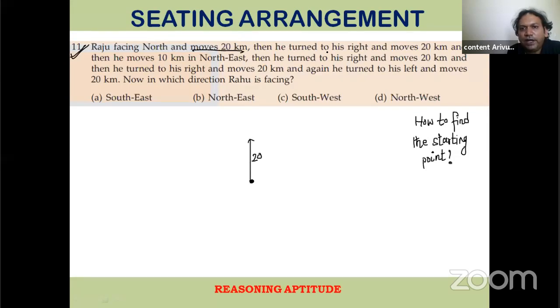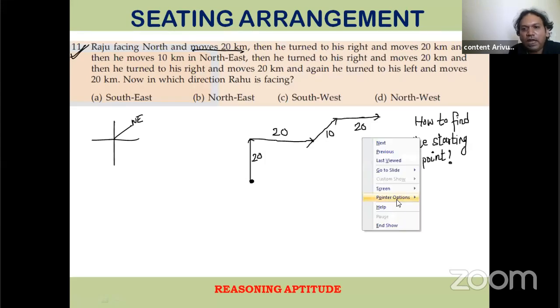Then he turns to his right and moves 20 kilometers. If he turns right, he will go towards east from here. It goes 20 kilometers. Then he moves 10 kilometers northeast. From this point, if you go northeast, now you know what is northeast, right? So he goes northeast 10 kilometers. Then he turns to his right and moves 20 kilometers. Again he turns to his left and moves 20 kilometers.